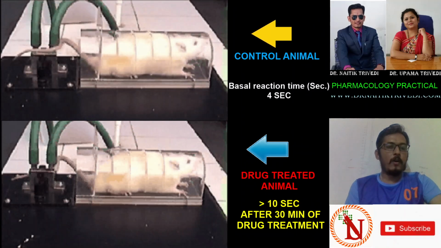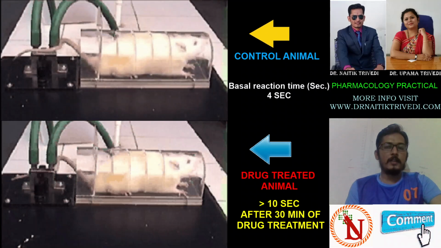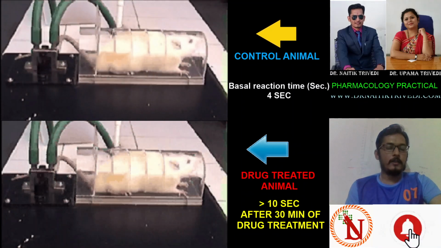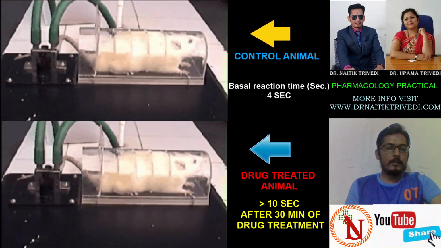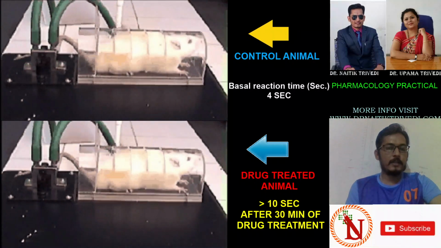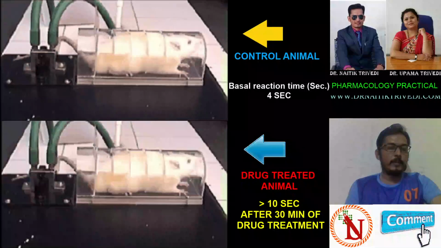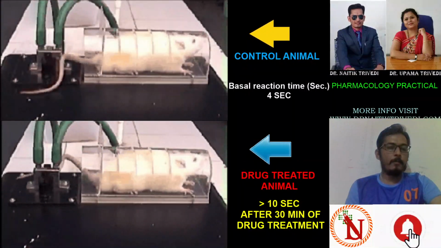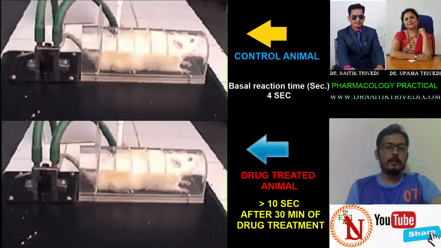When it feels the hot environment, it flicks the tail. The basal reaction time is 4 seconds here. But when we take the drug treated animal and keep the tail, the reaction time is increased. It flicks the tail due to the hot environment because it feels the pain. That's why this method is known as the tail flick method.